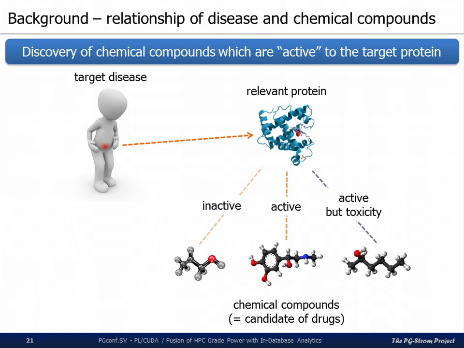So if we could find a chemical compound that is active to a particular protein, it may be valuable to the target disease. Of course, some chemical compounds are inactive. Some chemical compounds are active but toxic.